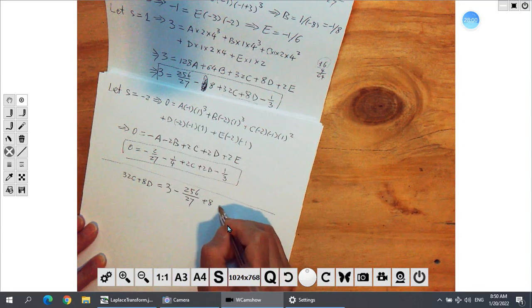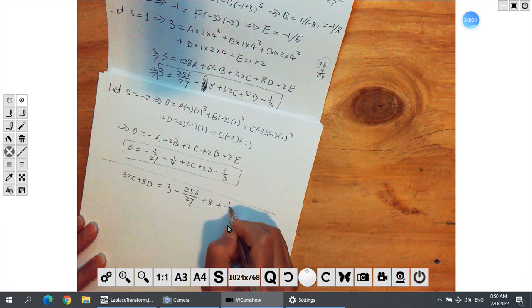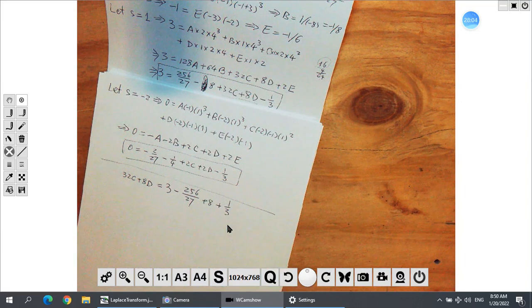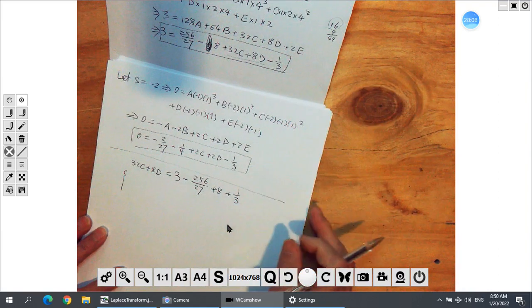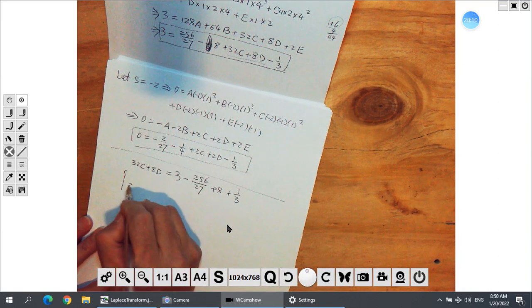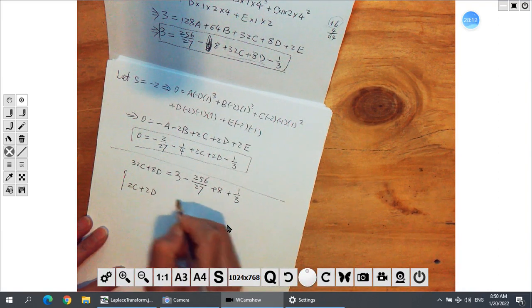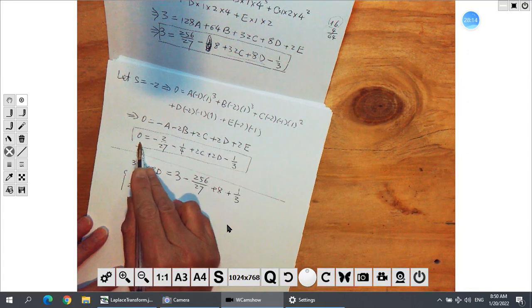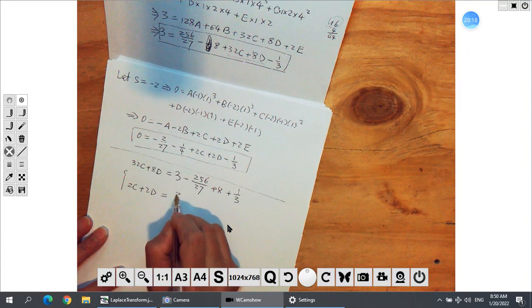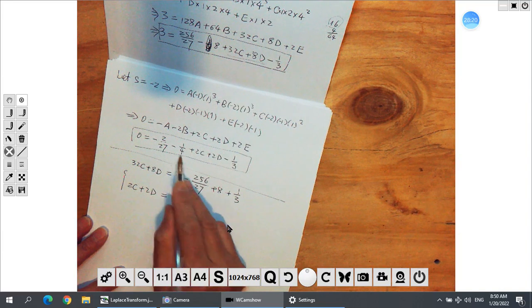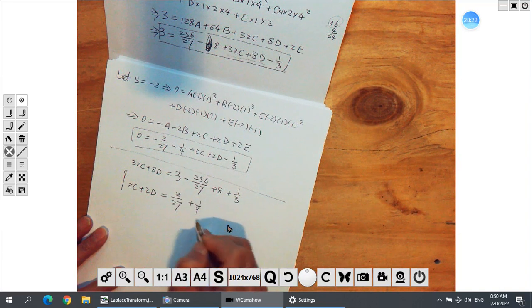This is a plus 1/3. It's a long one. And this one is 2C plus 2D equal to, okay, this is 0, nothing. Then this one moved to the other side will be positive 2 over 27, then positive 1/4, and positive 1/3.